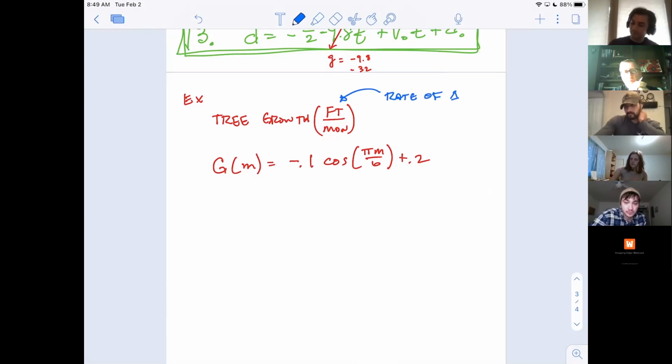But that's why there are rings on a tree. The whitish layers are the spring growth when there's lots of sunshine and lots of rain. The dark ones are the winter growth where they don't have those ingredients, and so it grows really slow. So that's the only reason you can even count the rings at all. So they grow fast, they grow slow, they grow fast, they grow slow.